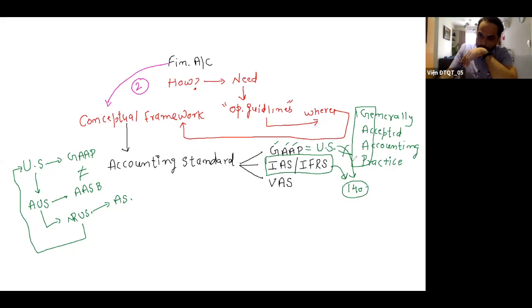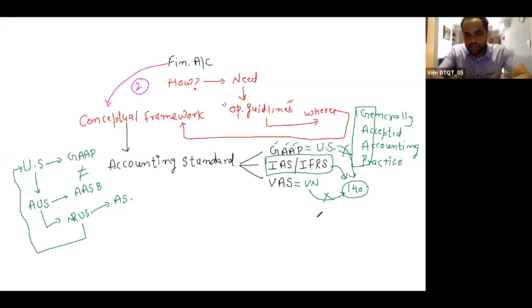US is not part of that. VAS stands for Vietnam Accounting Standard, right? It's from Vietnam. And again, unfortunately, Vietnam does not follow IAS, right? Vietnam has its own accounting standard, which is Vietnamese accounting standard.